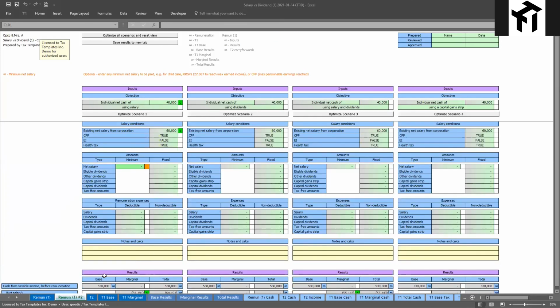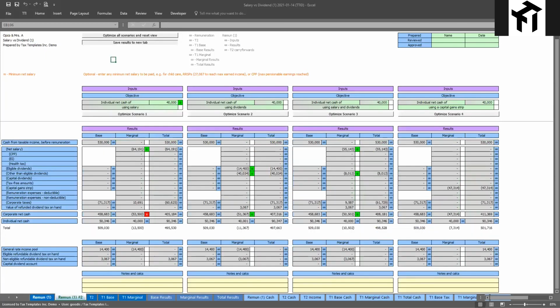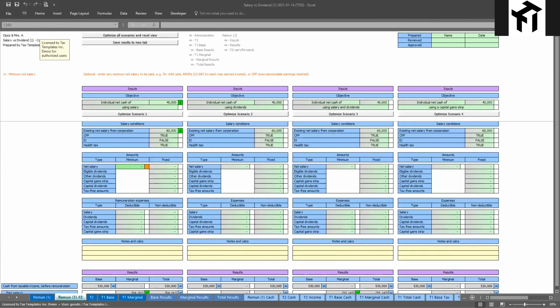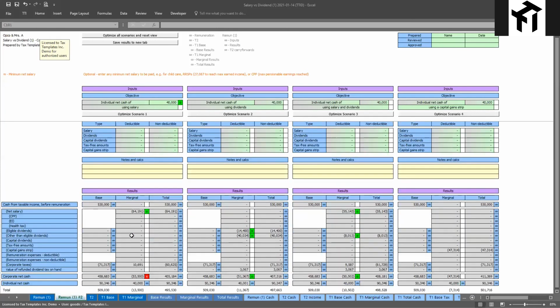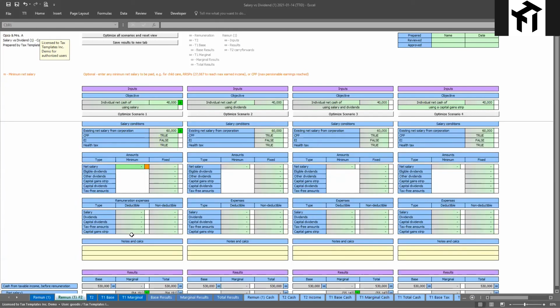So if you were running different scenarios for a client, and maybe one was 40,000, one was 50,000, you're able to jump back and forth between the screenshots and build your different scenarios and keep them. That gives you another alternative versus doing a save as of the worksheet and running your other scenarios. So a really cool feature if you're looking to save scenarios that you've already run.